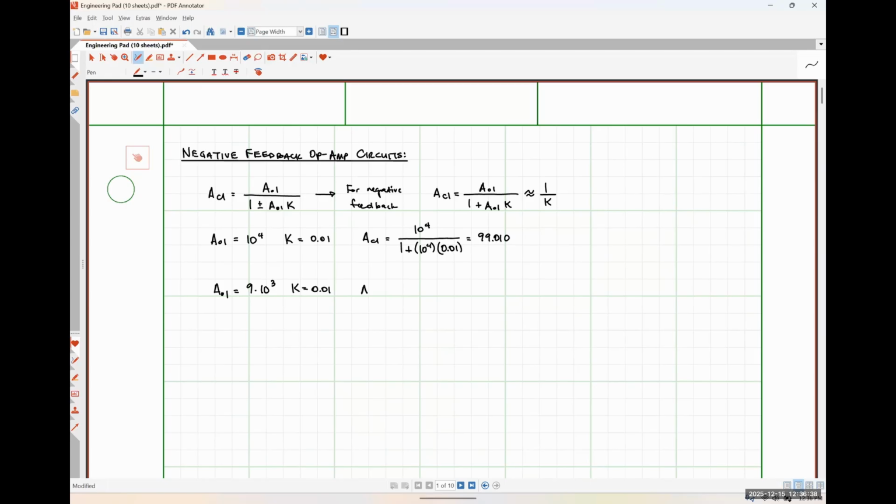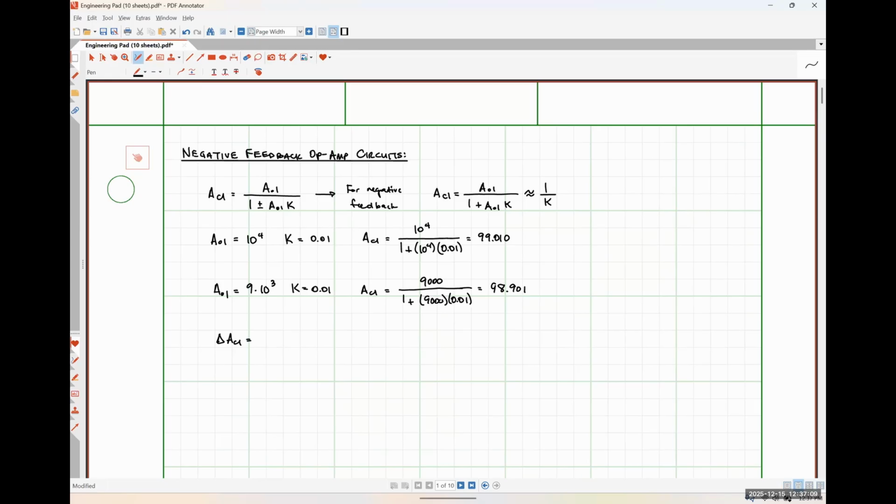When we calculate our closed loop gain here, we would have 9,000 over 1 plus 9,000 times 0.01. And this comes out to be 98.901.